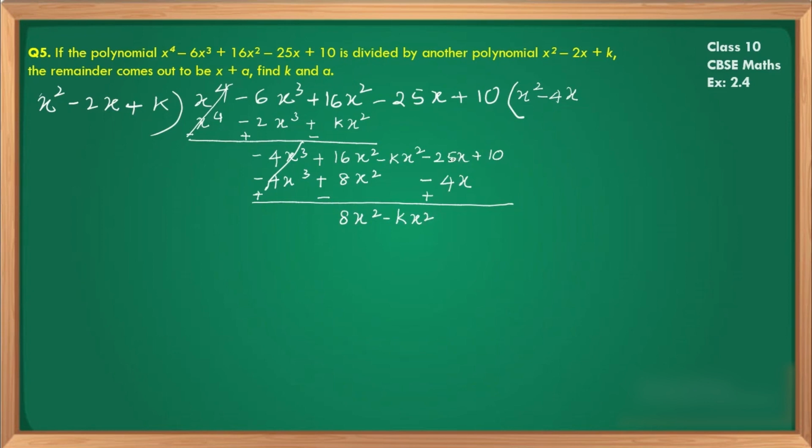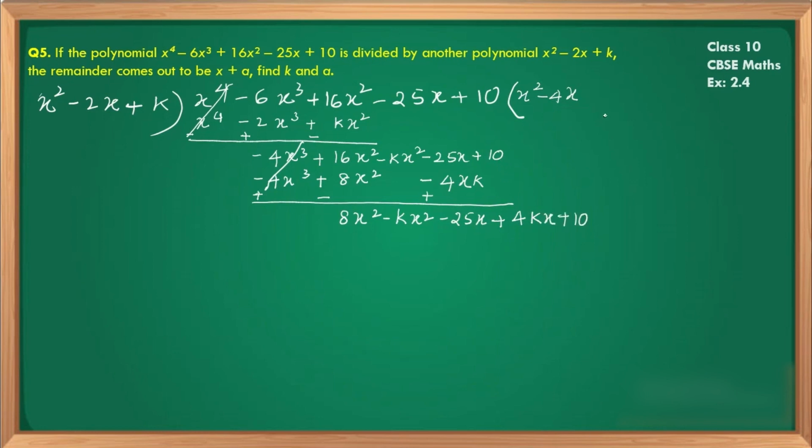Now 25x and 4x, we have to write kx. Now minus 25x and minus 4xk or kx, they are unlike terms. So what we do, we write minus 25x and then plus 4kx, then bring 10 as it is.